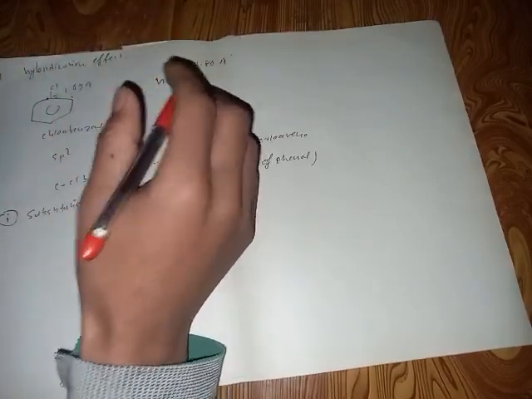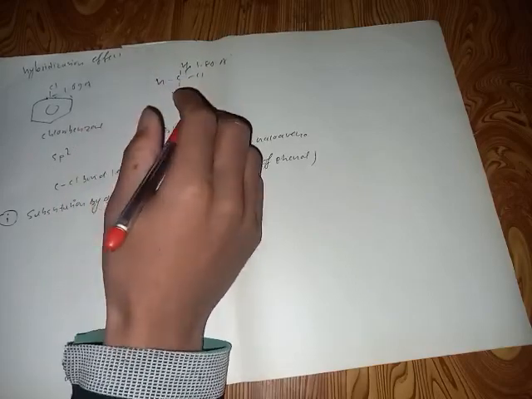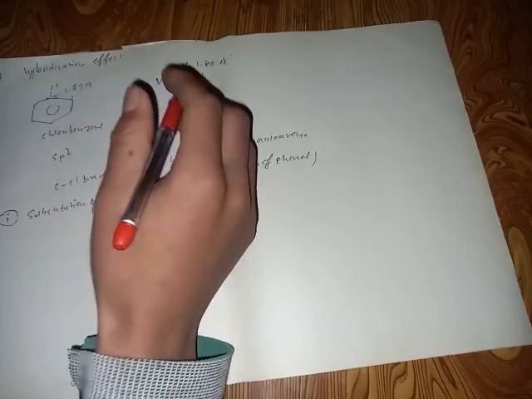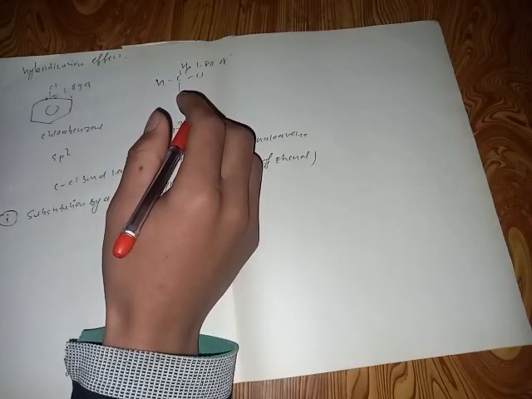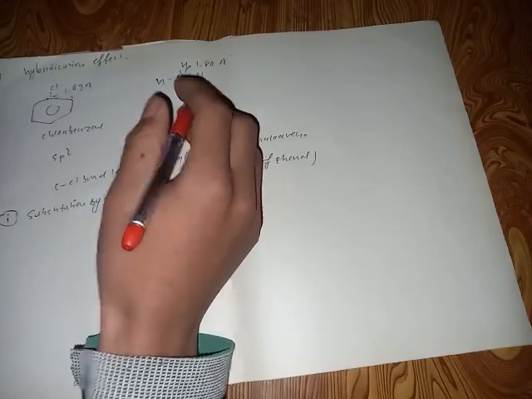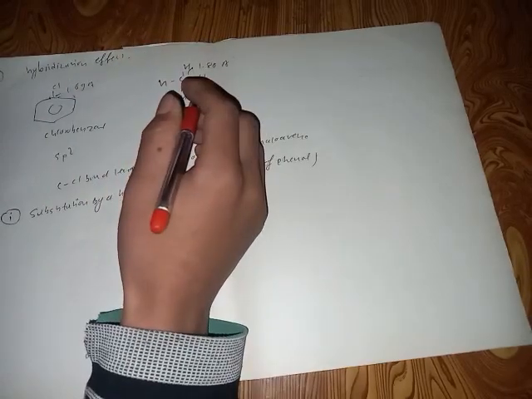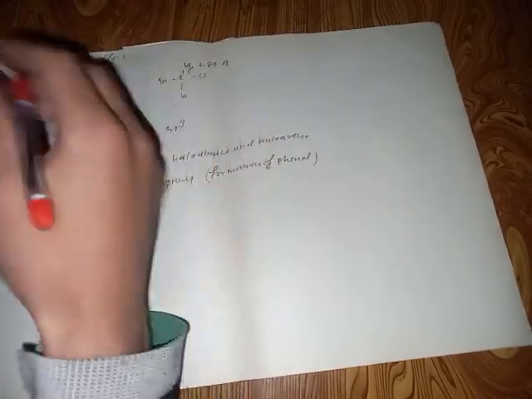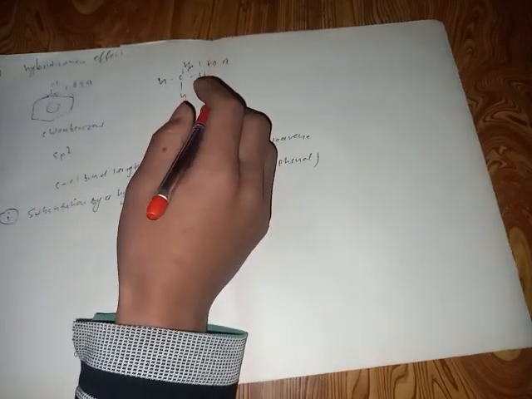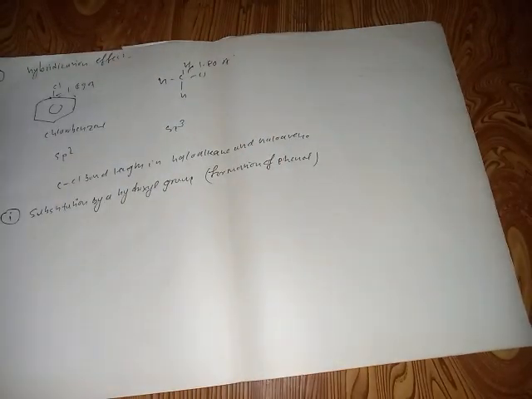This is the commercial method of preparation of phenol, used by the Dow Chemical Company, USA, so the process is called the Dow's process. It is most important.